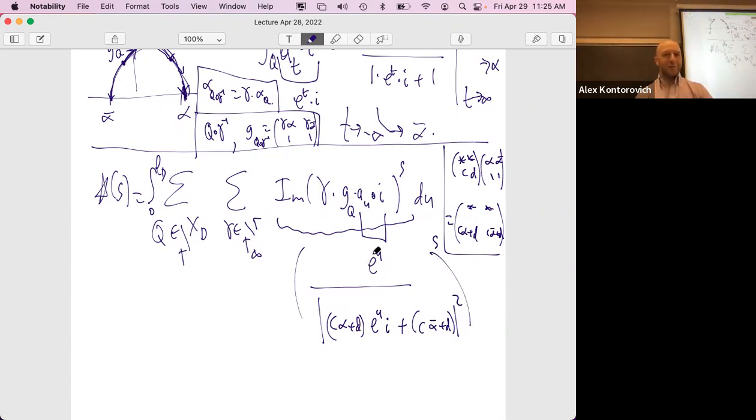So this is the original imaginary part over the norm squared of cz plus d. This is the gamma of g. We just worked out what the bottom row of gamma g is.